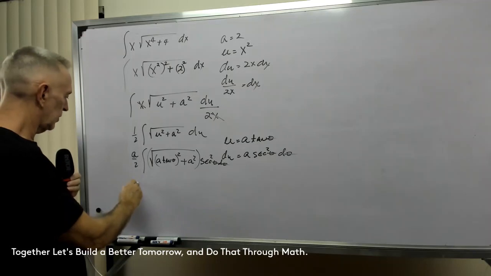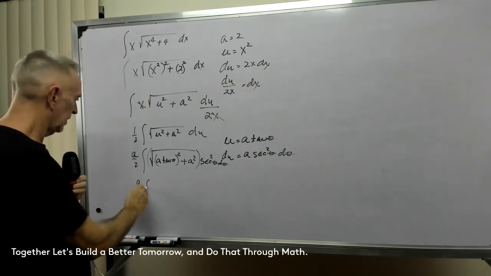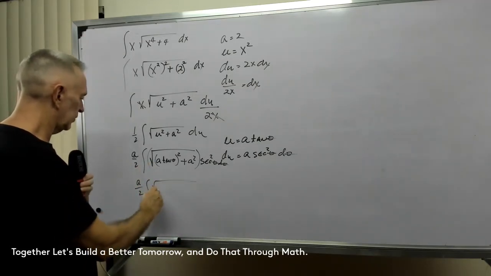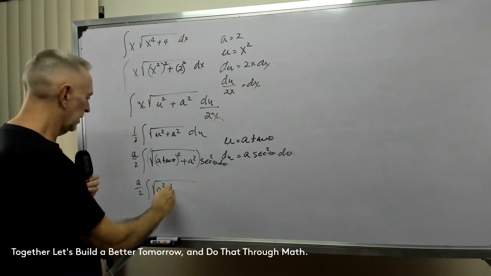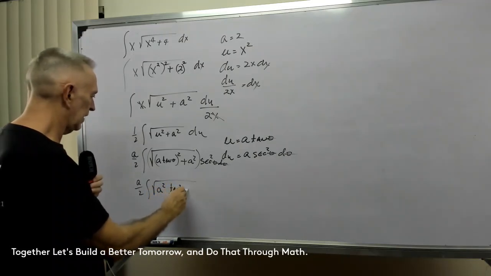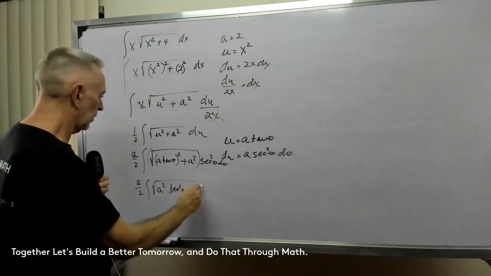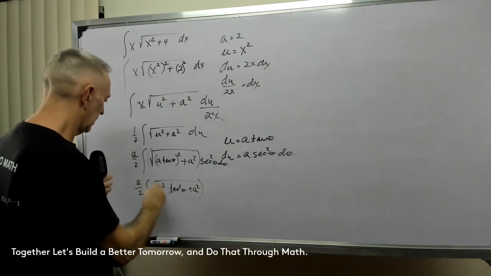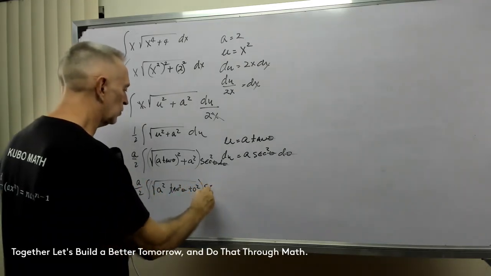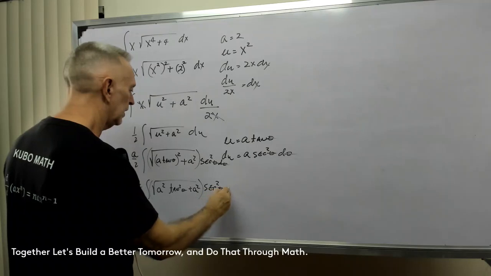All right, let's go ahead and square what's inside here. So I have a squared tangent squared theta plus a squared times secant squared theta d theta.